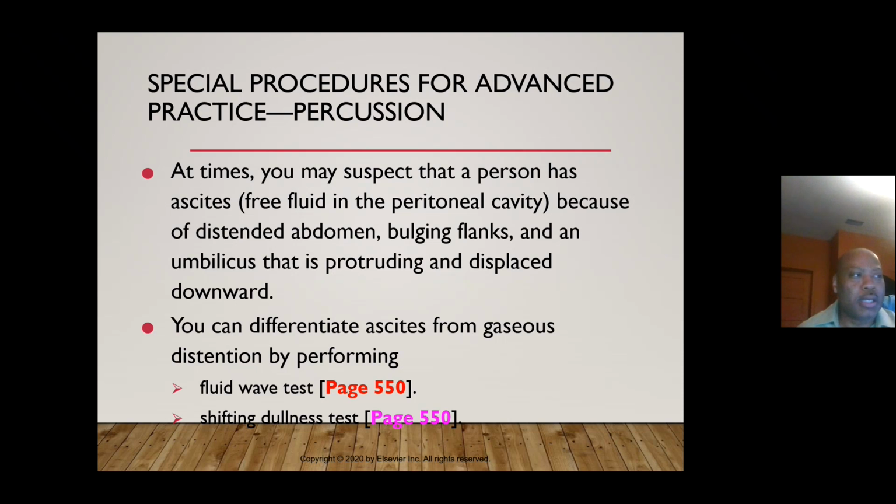Normally, you see this in your cirrhosis patients, because the liver produces proteins or albumin, and when the liver is impaired, it cannot produce albumin, and then fluids begin to leak out of the vascular space into the peritoneal cavity.